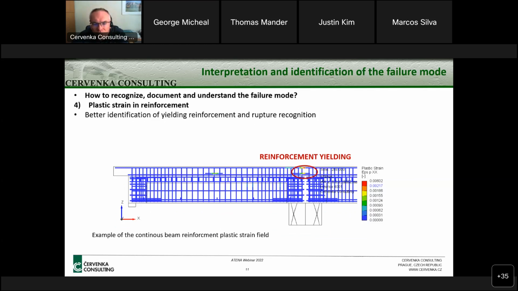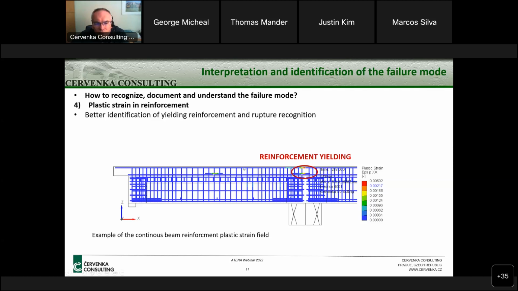If you look at the plastic strains, this clearly gives an indication whether there is some plastification, reinforcement yielding. So in this case, for instance, you would see there is reinforcement yielding here above the support, which is meaningful and possible. And this can indicate that this section reached its limit strength.